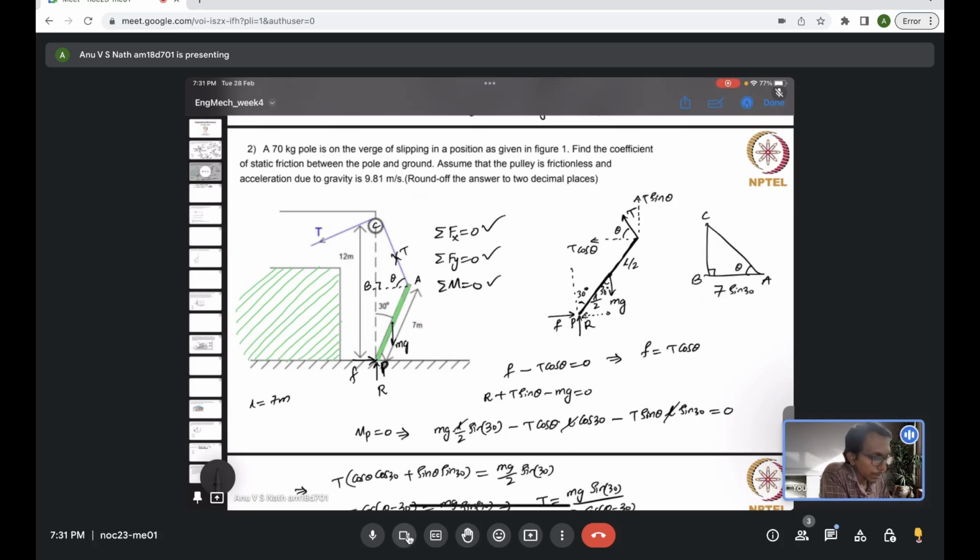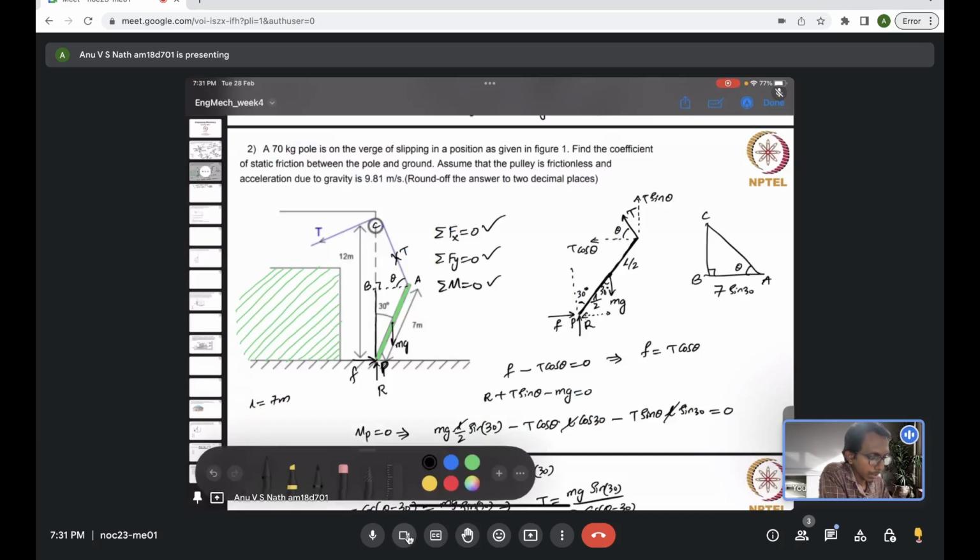Excuse me, the projection of the pole along the vertical direction is 7 cos 30, which is going to be the distance PB. Okay, now the total length from P to C is given as 12 meter.